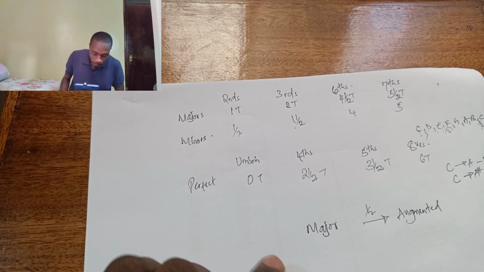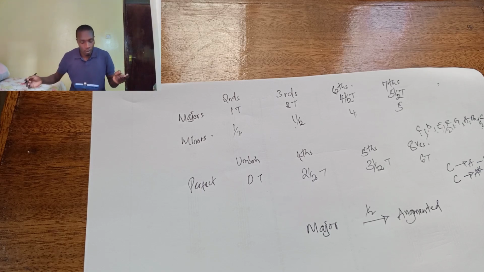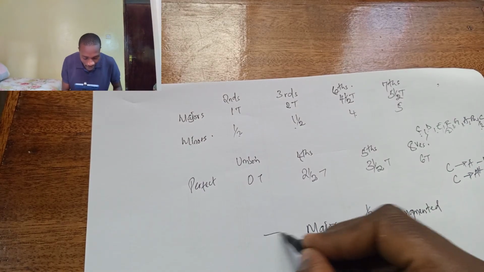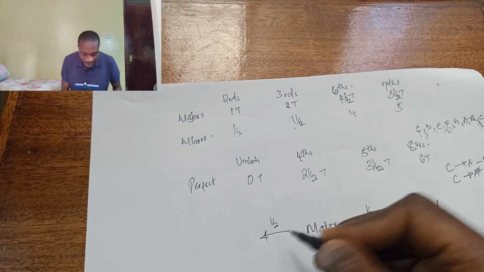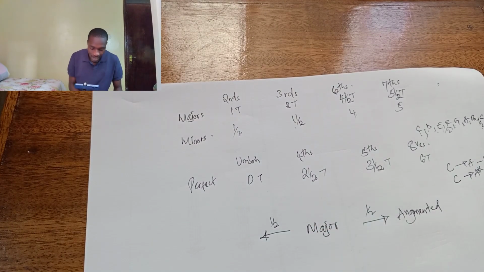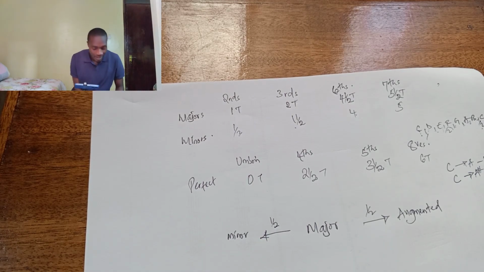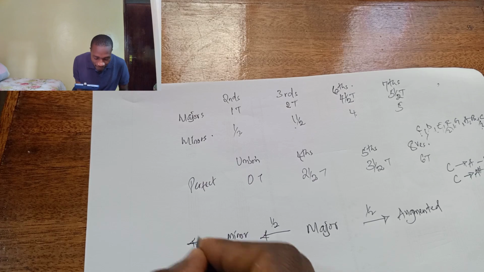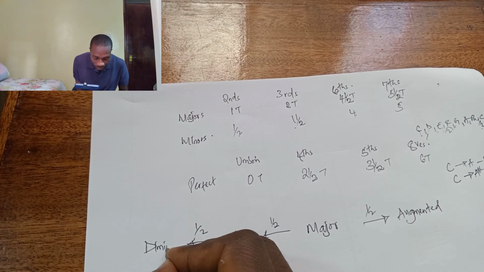So if you increase any major interval by a half, it is going to give you an augmented interval. What if you decrease it by a half? It is going to give you a minor interval. And then if you decrease a minor by a half, it's going to give you a diminished interval.